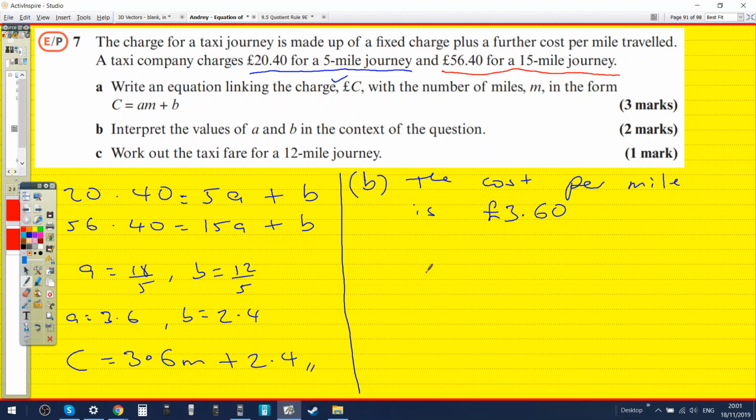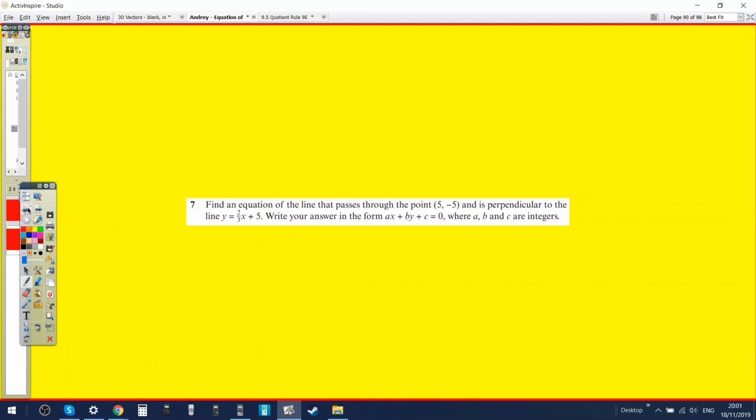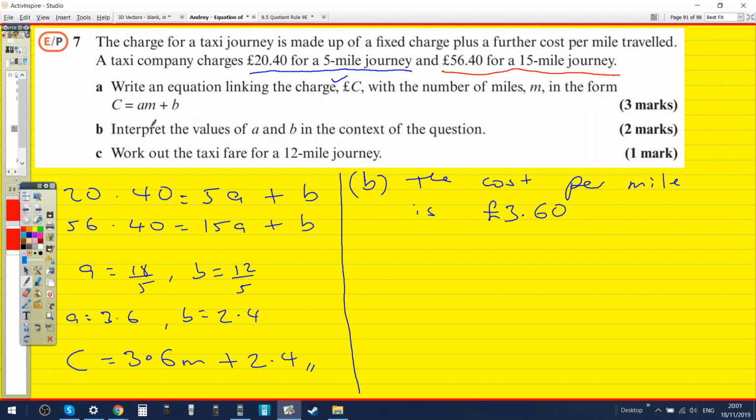Let me just see something for a second. I think I understand your confusion, because previously A was the number by itself. It was the intercept, whereas now it's the gradient. I see. Okay. And then what is the interpretation for B, the number by itself?